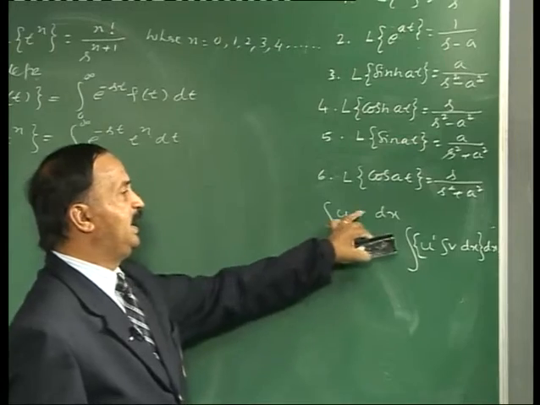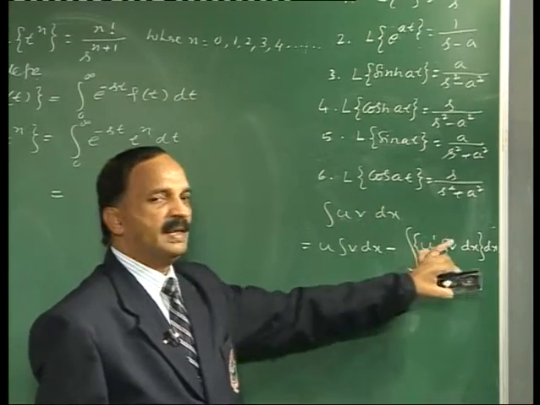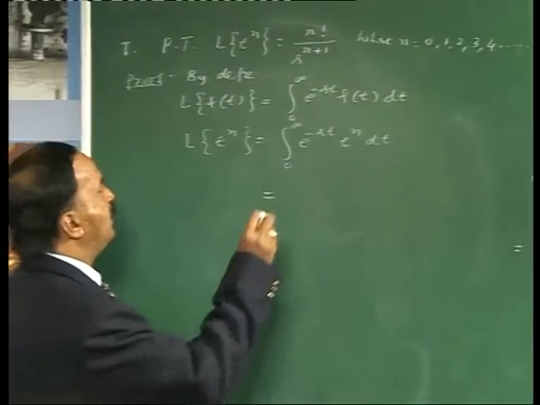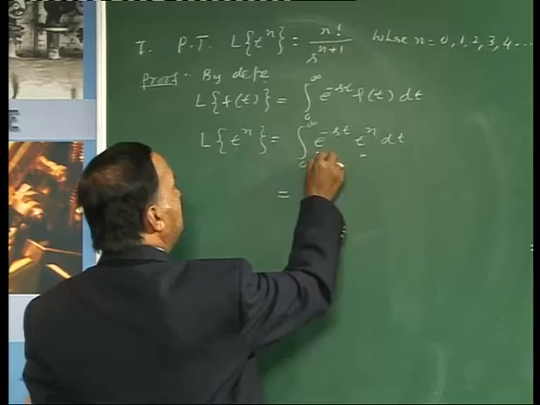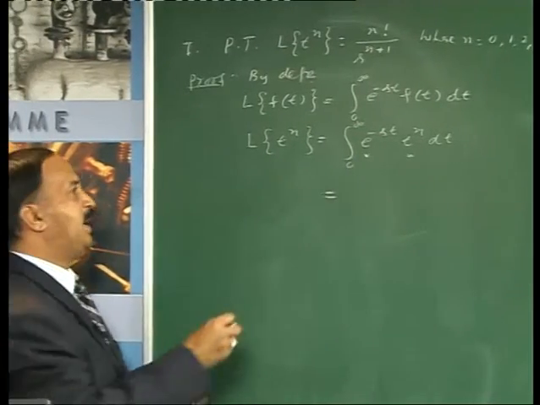First function into integral of second minus integral of derivative of first into integral of second. This is called integration by parts. Now here this is u, the first function, and this is v.